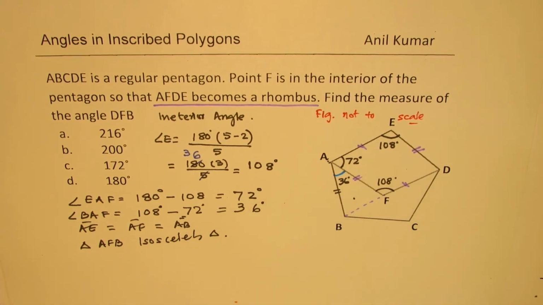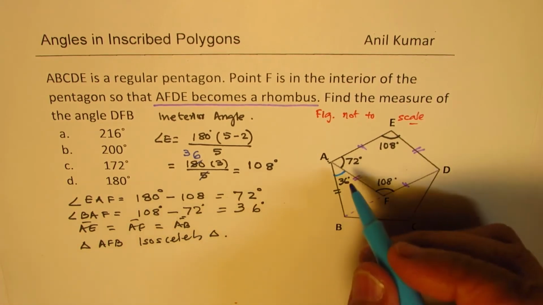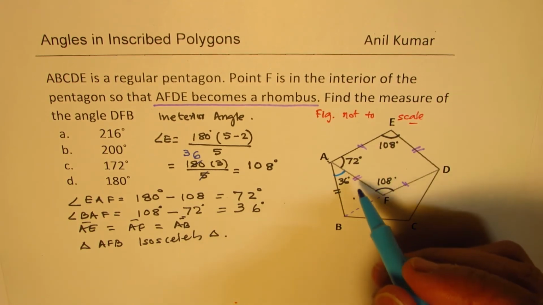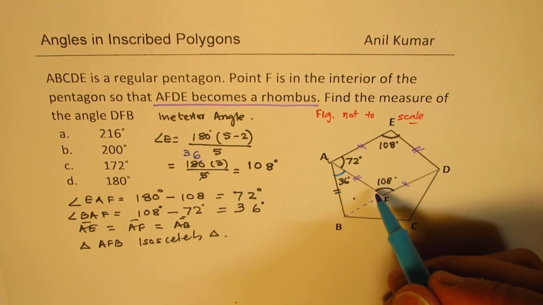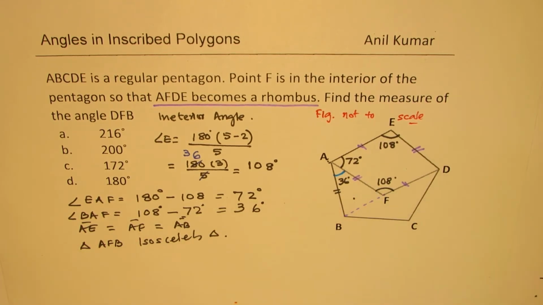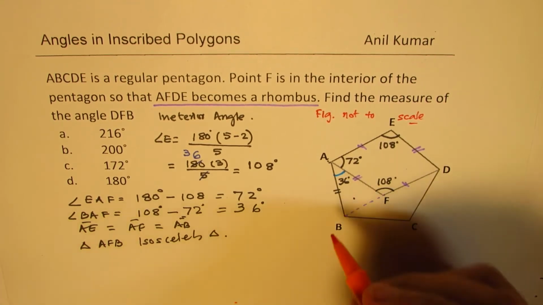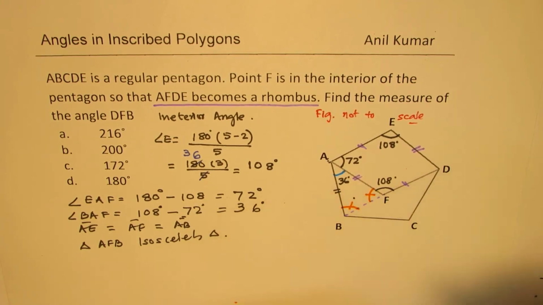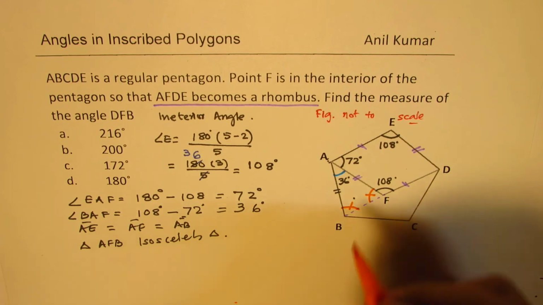Correct? So that basically means that if these are the two equal sides, the angles opposite to these sides should be equal, right? So these two angles right here should be equal, right?